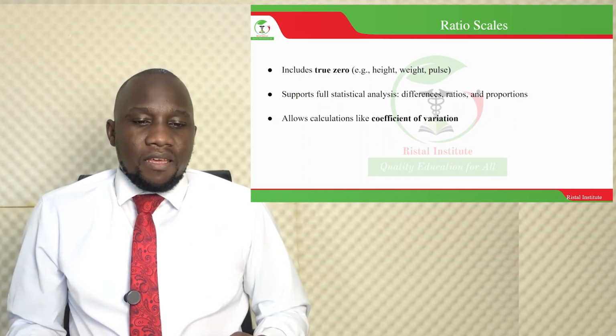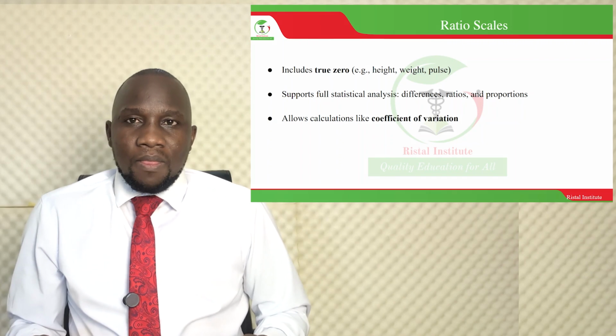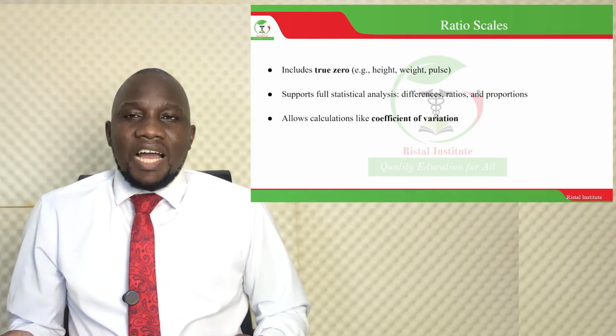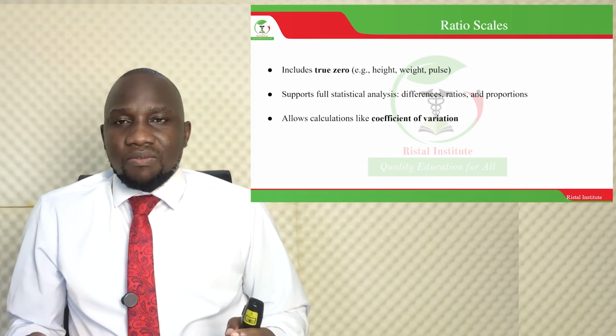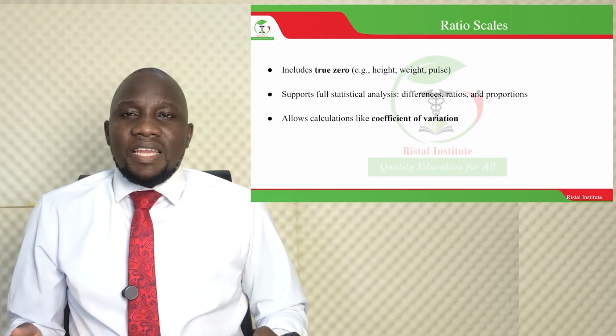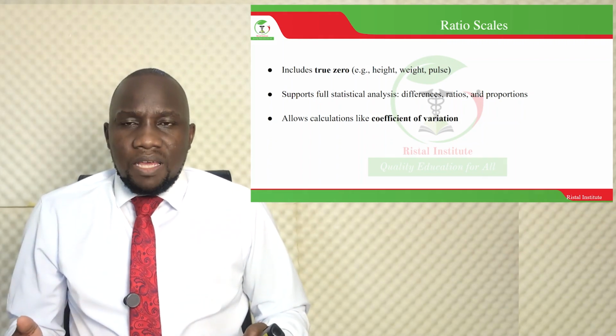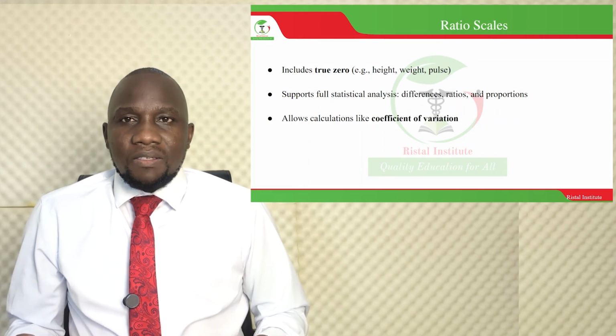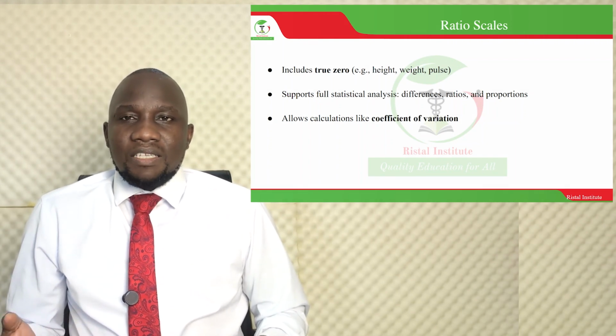Okay, and since it is the top level of measurement, it has all the properties of the other scales, and therefore you can do anything with it. The other measurement scales have limitations that this one does not have.